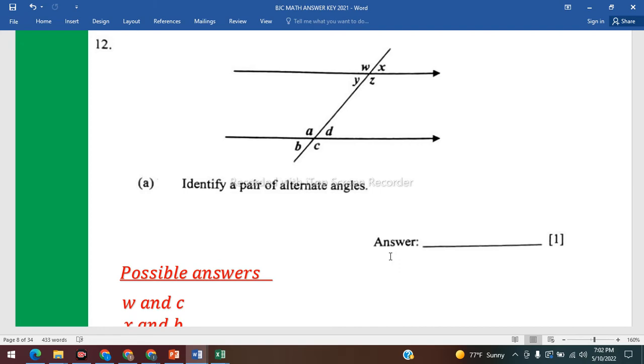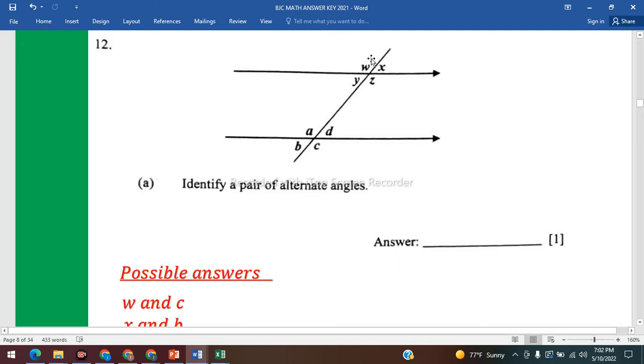A and D. Say it again. A and D are not corresponding. X and D is a pair. Yes. X and D is a pair. Z and C, W and A, and Y and B. Wait. Slow down. Give me one more time.